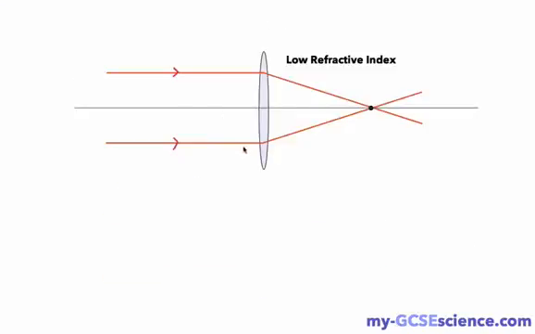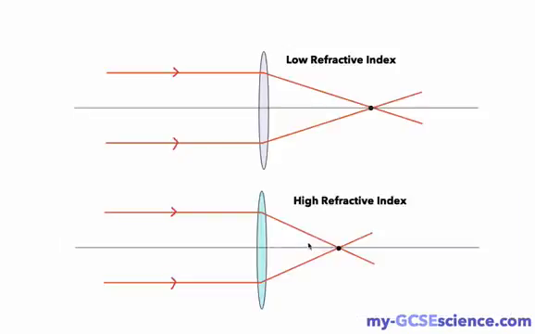The second factor is the actual refractive index of the material that we use. So we've got the same lens as previous. This has a low refractive index. If we change the material of the lens, so we now make the lens out of a different material with a high refractive index, you can see again the focal length has changed. It's become shorter simply because we've used a material with a higher refractive index.